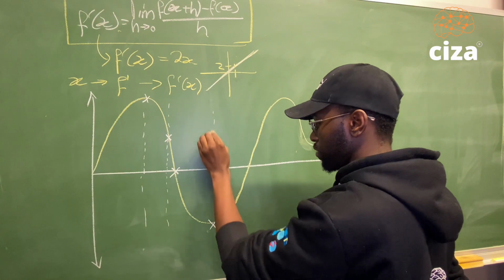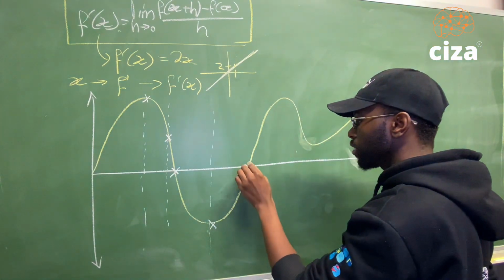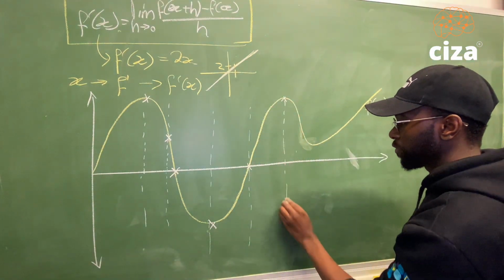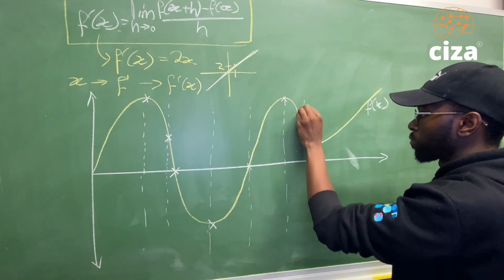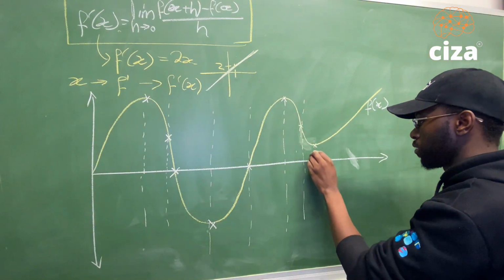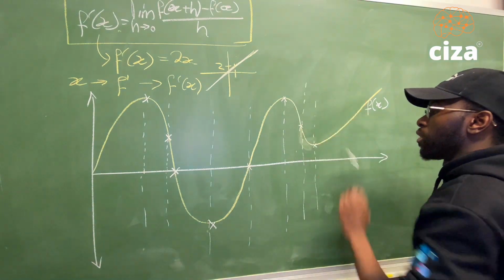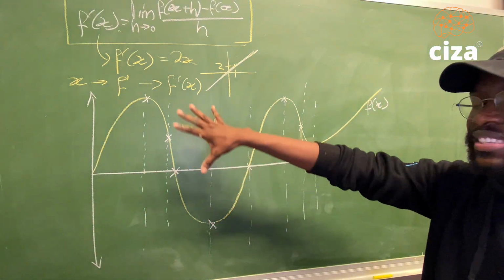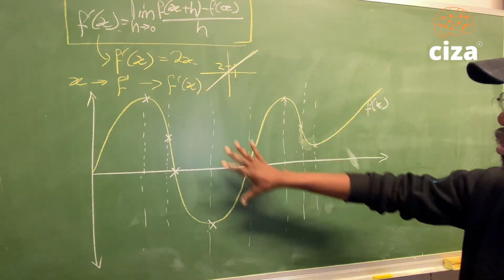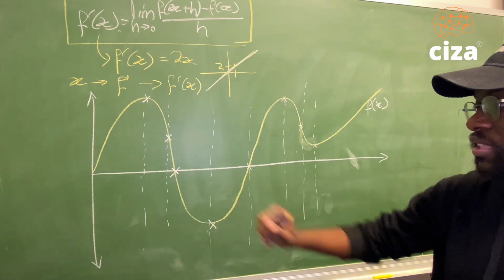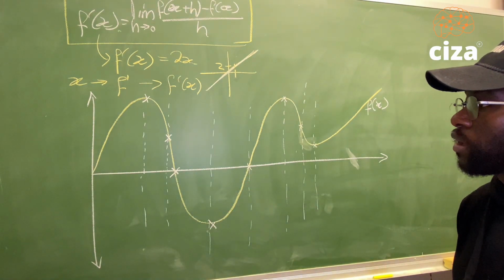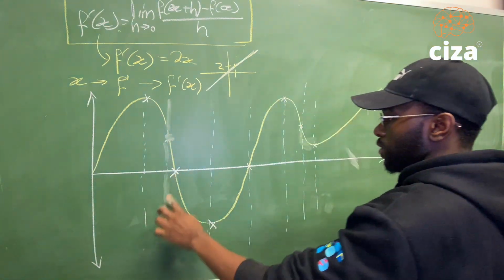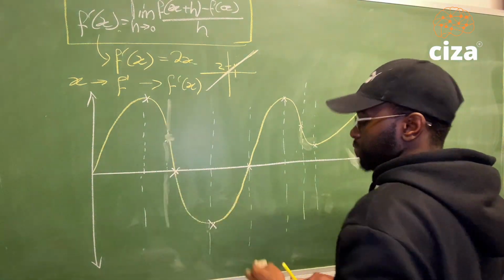Let's draw it nicely so that it's easy to explain. Now, remember that this is just a curve that I just came up with. So it won't always be at 0 like this, whatever function you are working with. But I see that it might make it harder for me to explain, so I put them on 0.